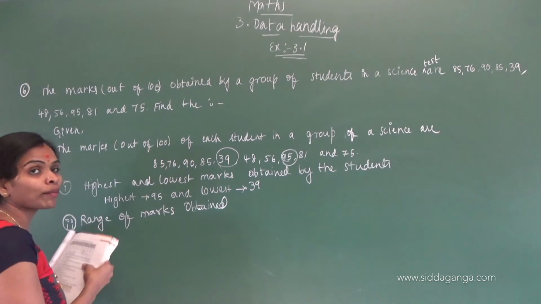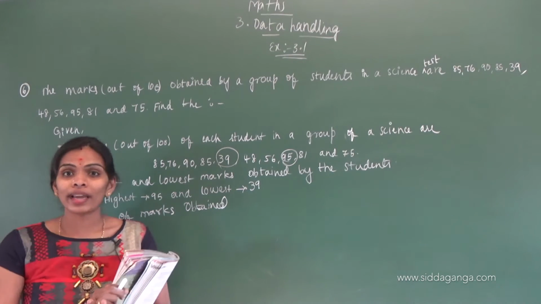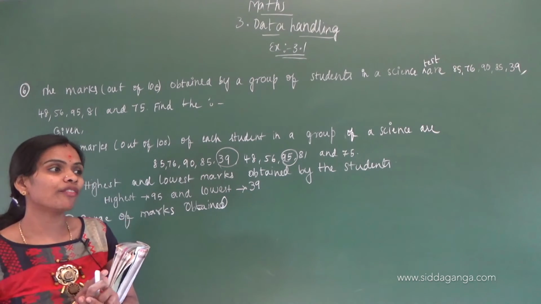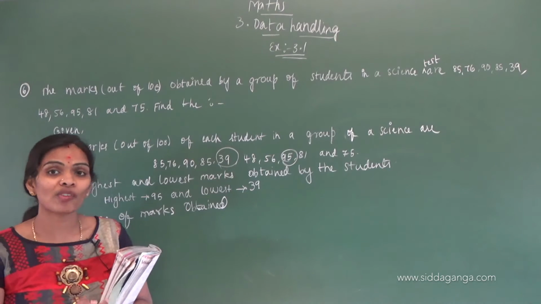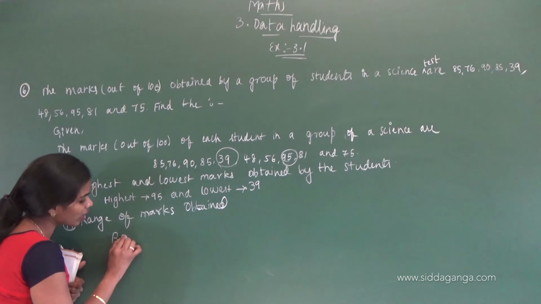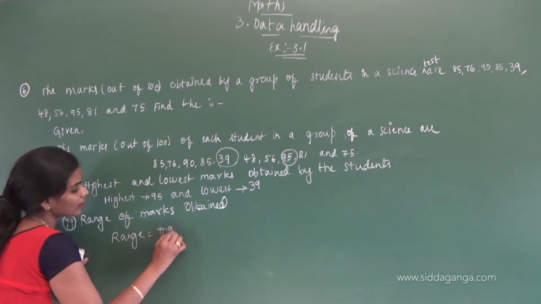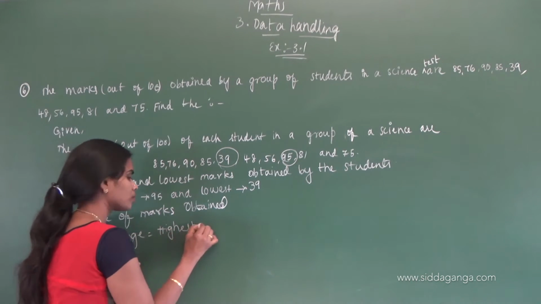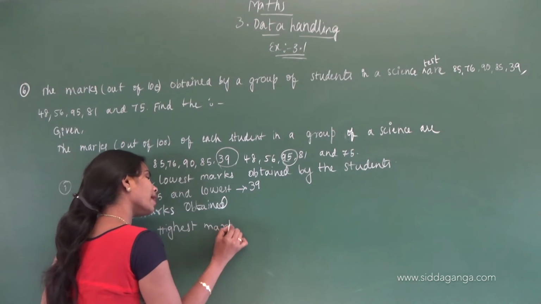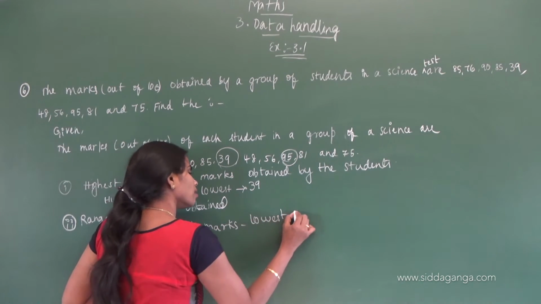Range is nothing but the difference between the highest value and the lowest value. Here we write range equals highest marks minus lowest marks.